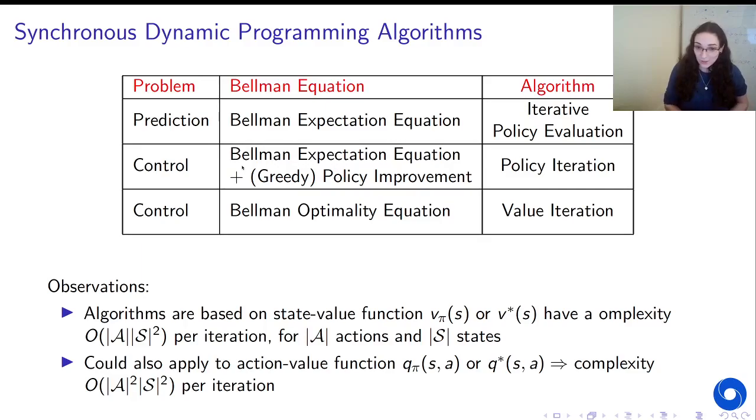Some observations. The algorithms based on state value functions, trying to estimate v pi or v star, have the complexity of number of actions times number of states squared per iteration. This is because if you look at the updates, we always have to do this update for each state, and always have to look at the action that we're gonna take after this step, and where we are gonna end up after this state.